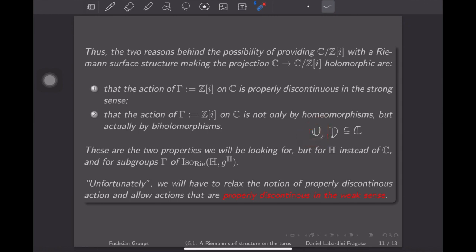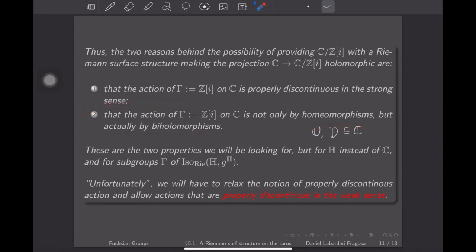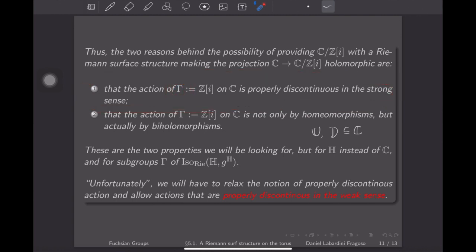So somehow this part 2 is covered, and then what we are going to be looking for is subgroups of PSL2R whose action on U is properly discontinuous in the strong sense.